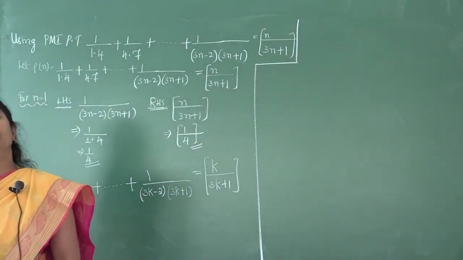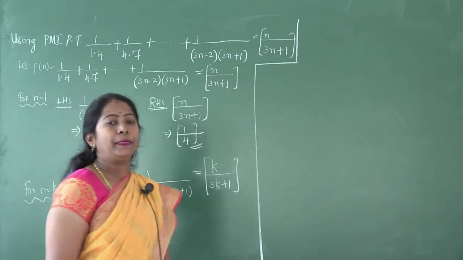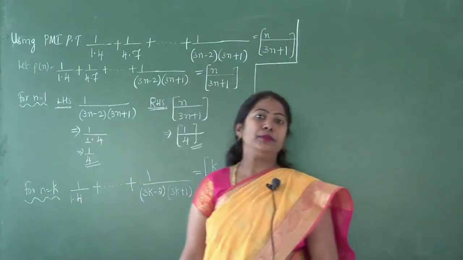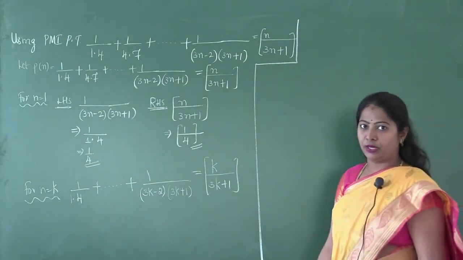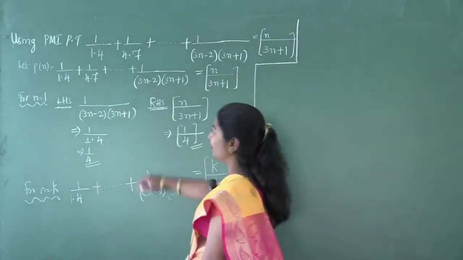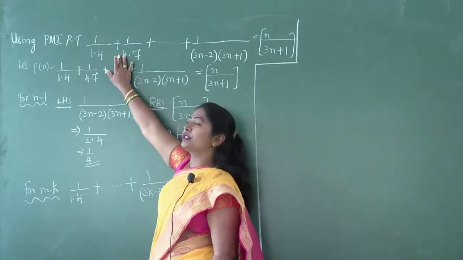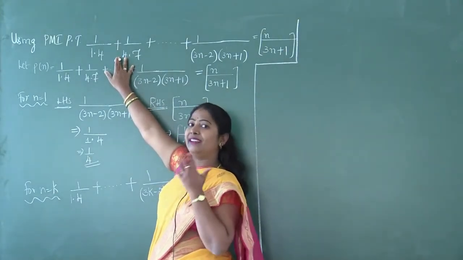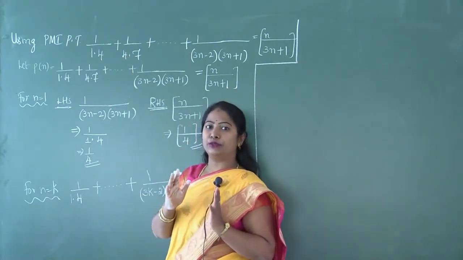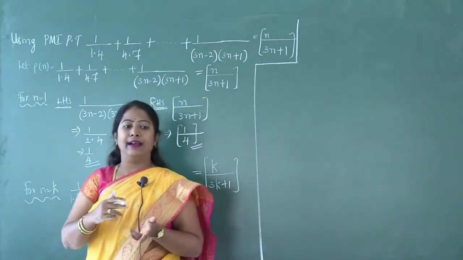Now, what is the last step of the problem? We are supposed to prove that the given statement is true for n equal to k plus 1. When you observe the question, after each term I have an addition operation. So for n is equal to k plus 1, I will add the next term on both the sides of the question, that is LHS and RHS.